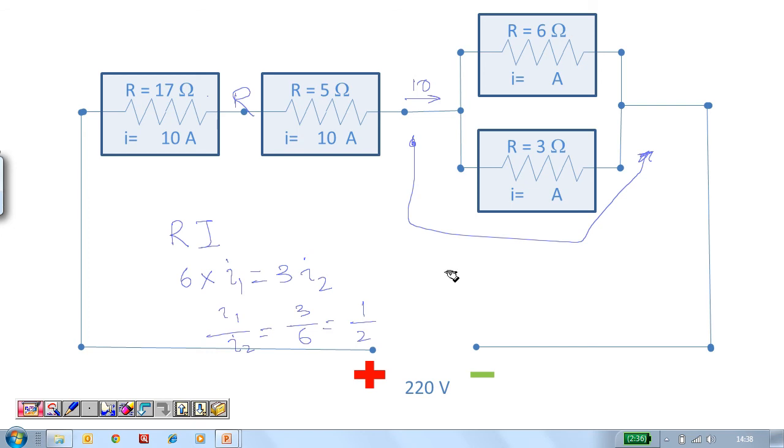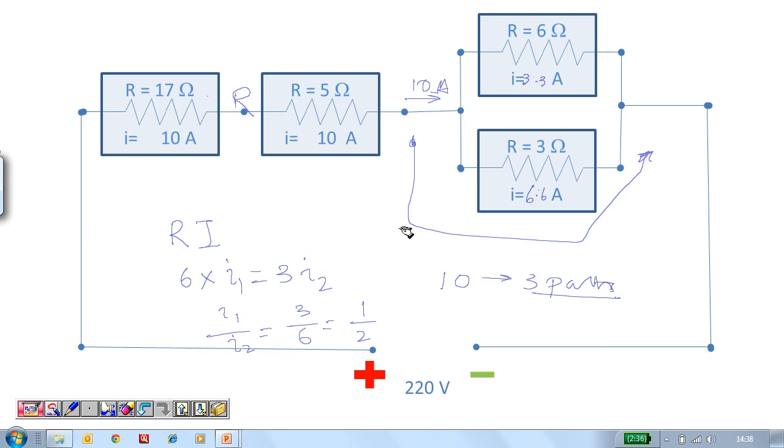That means the 10 amps going here will have to be broken up into 3 parts. One part will go here and 2 parts will go here. So you assume this is going to be 3.3 and this is going to be 6.6 amperes.